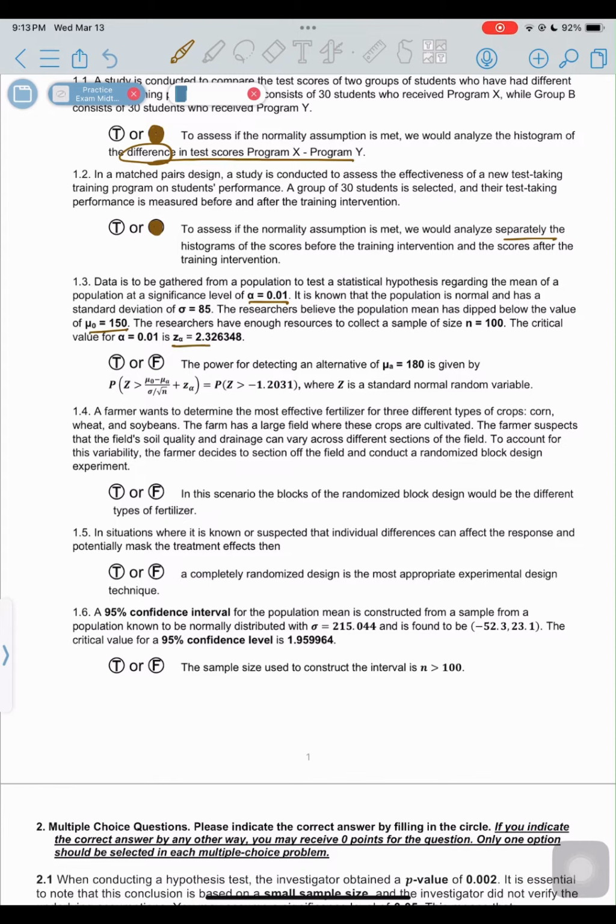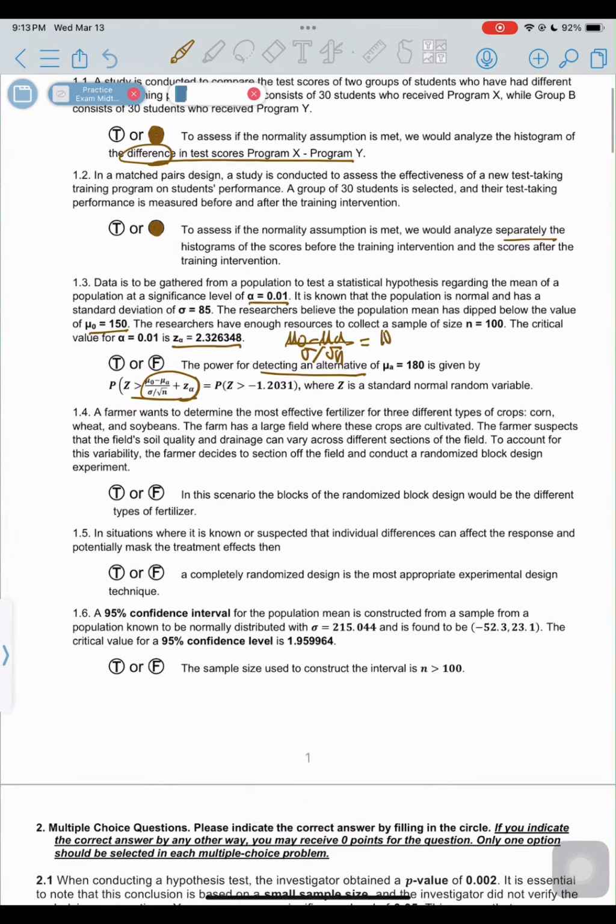So the power for detecting the alternative of mu A, the power equation is just like how you solve for the Z distribution, which is mu naught minus mu A over sigma divided by square root of n. So if you do that, that becomes 150 minus 180 over 85 over square root of 100. That just becomes 30 over 85 divided by 10.